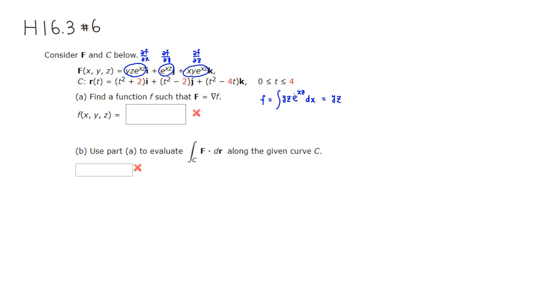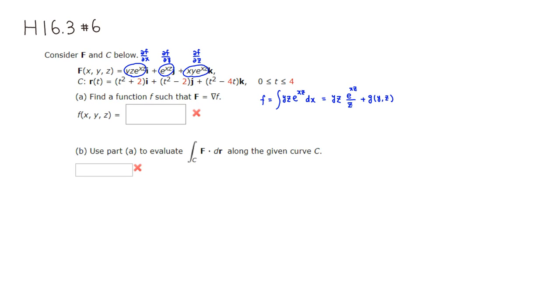The antiderivative of e to the xz with respect to x would be e to the xz divided by the derivative of xz, which is z. And plus, we could have some function g of y comma z, because we don't know what it is yet.